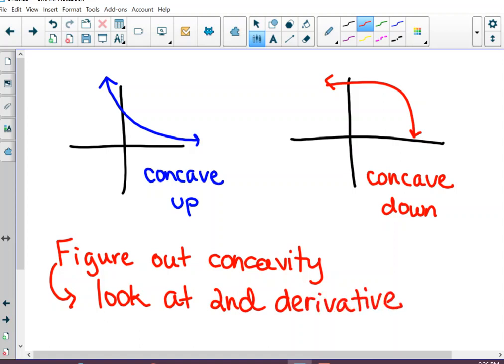Okay. The good news is it's really easy because it's essentially almost identical to the same process for increasing and decreasing in relative maxes and mins. It's just using the second derivative.